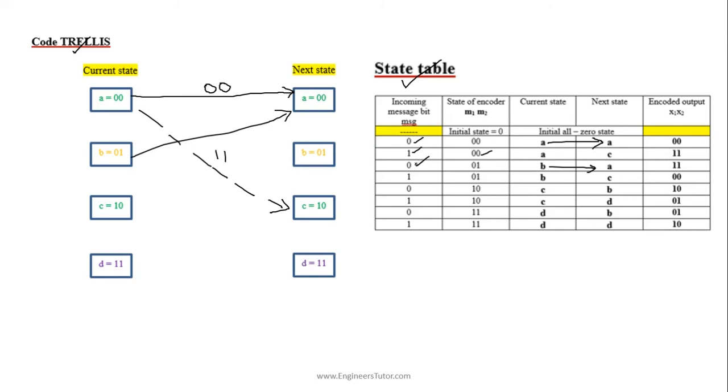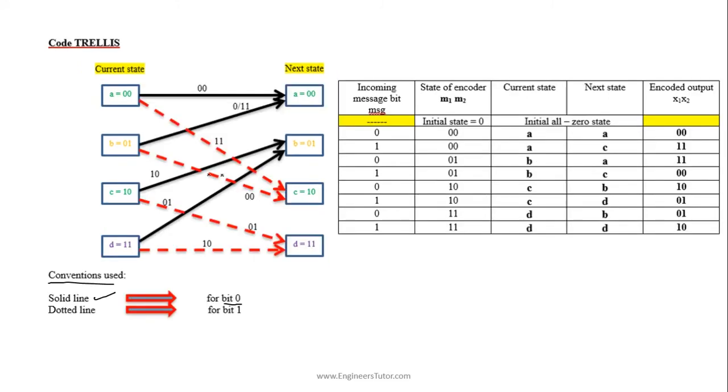And if the incoming bit is 1 and the initial condition is 0, 1, meaning B, the state changes from B to C. So we use a dashed line to represent this condition, and for B to C the output will be 0, 0. Similarly, we can draw the remaining branches of the trellis diagram.